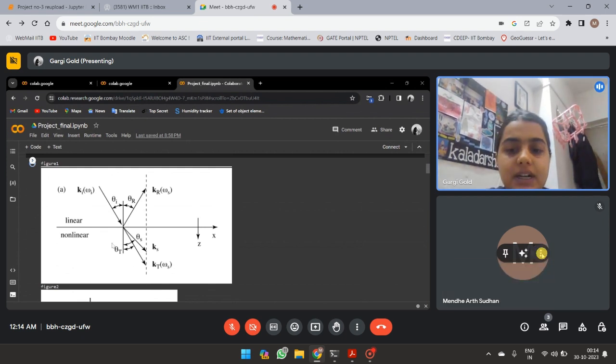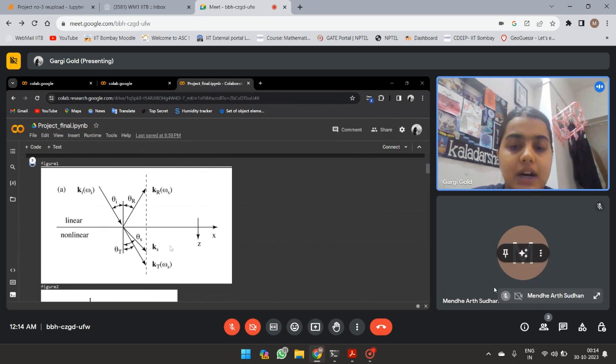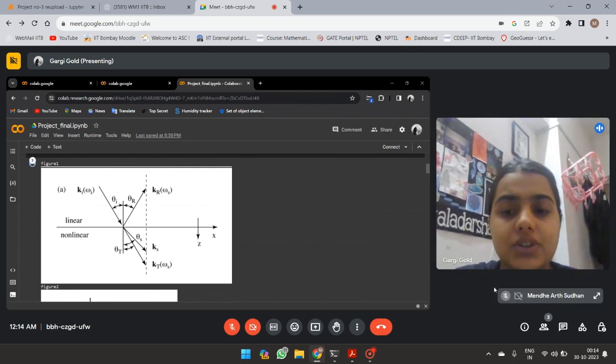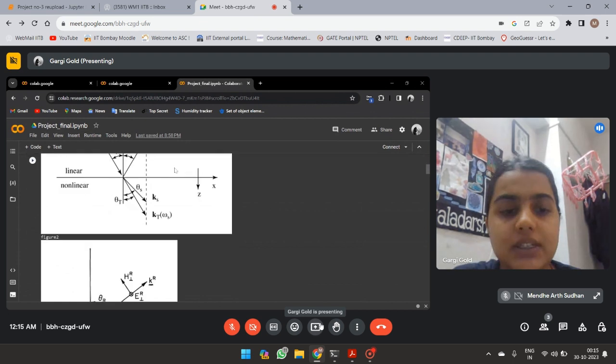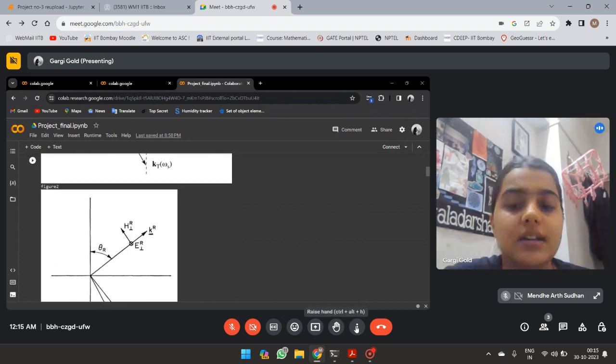The transmitted light creates a nonlinear polarization of frequency omega s, as we can see. Omega s is actually twice omega I within the medium. This nonlinear polarization gives rise to radiation at the second harmonic frequency, which is then reflected out of the material.